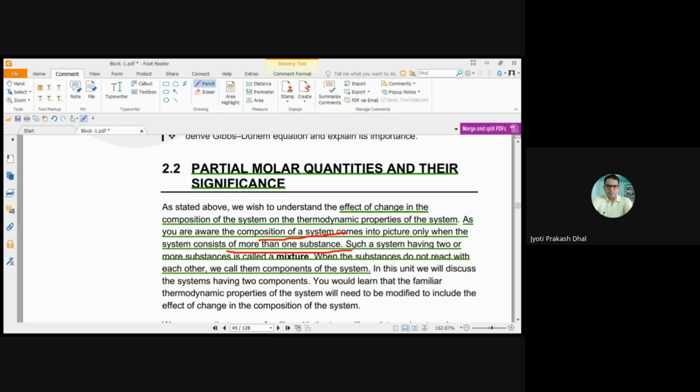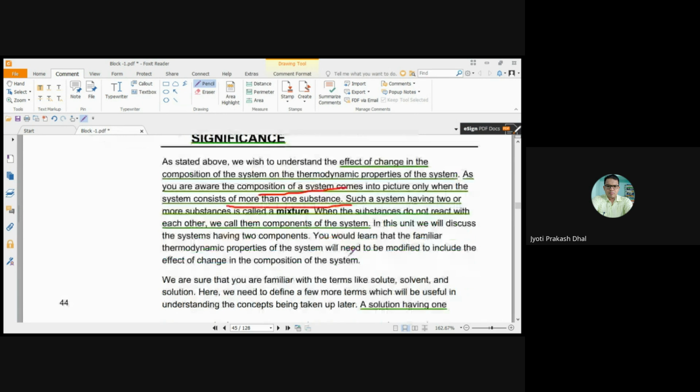For one component the composition of that component is 100%. That means if the system contains two or more substances, then such a system is called a mixture.